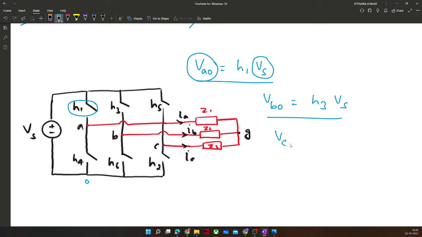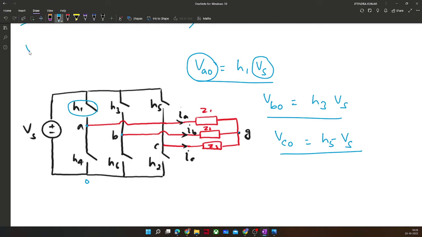Again, if we know the Fourier series of H5, we can calculate VC0. But generally, we need to calculate the value of either phase value of output voltage or line value of voltage VAB.